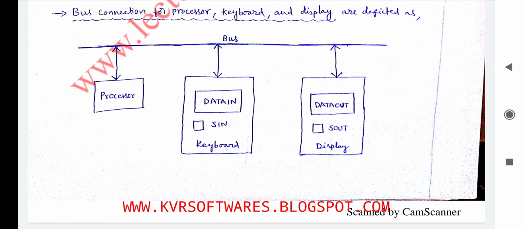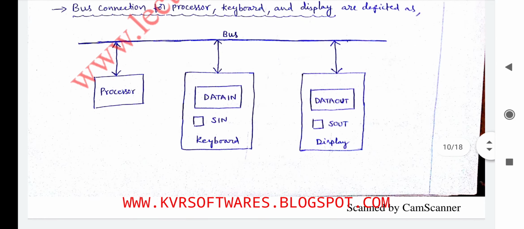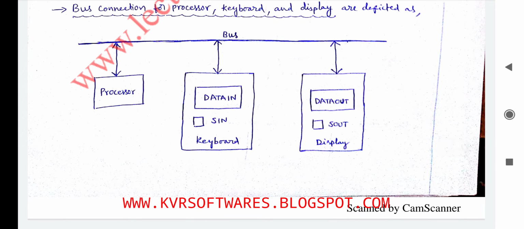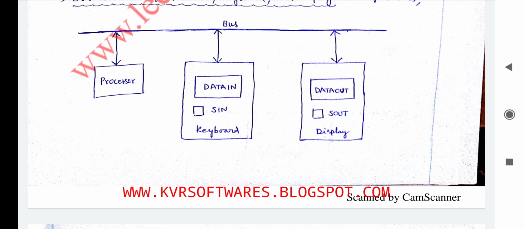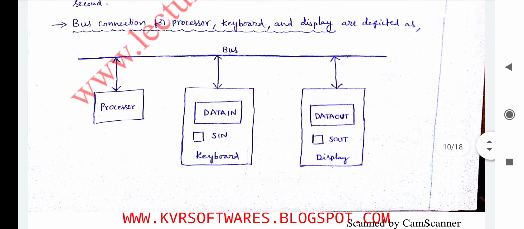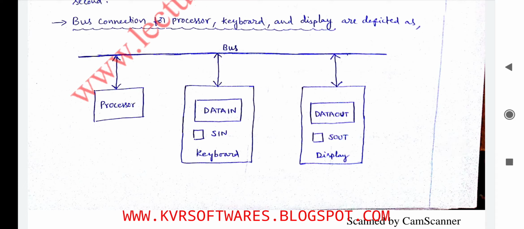By using a keyboard for giving input, we connect a keyboard, and here we connect one more device, the display device, that is data out. This is the way of connecting the processor and input output devices to a bus.